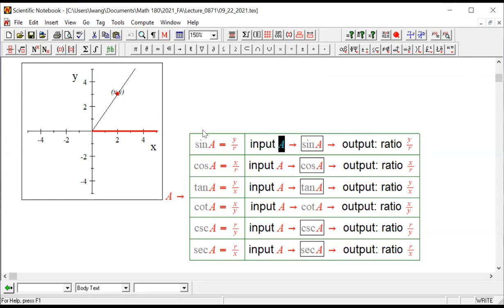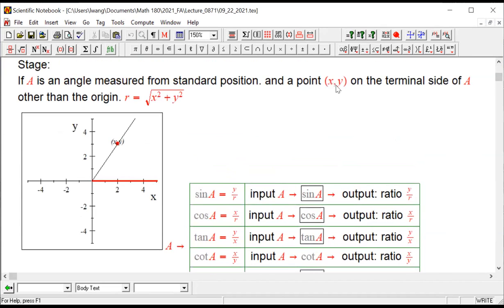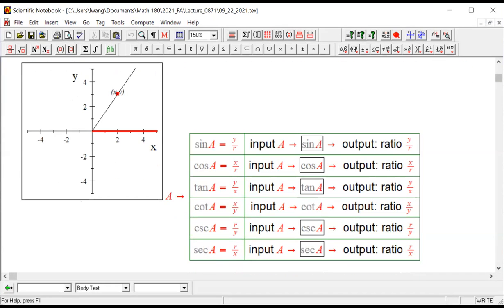So these six functions give us ratios of different kinds. You have three quantities to work with: X, Y, and R, and you make ratios in different ways. From this definition, a lot can be derived. I think many of you probably already know.